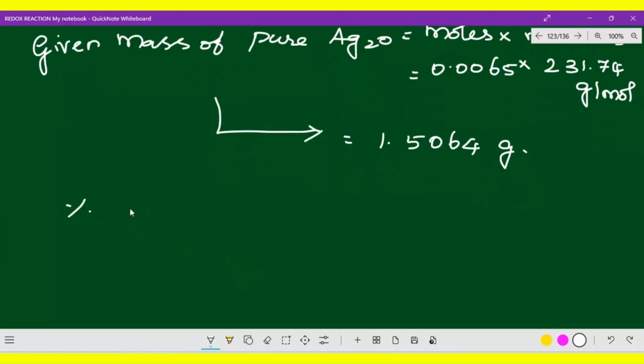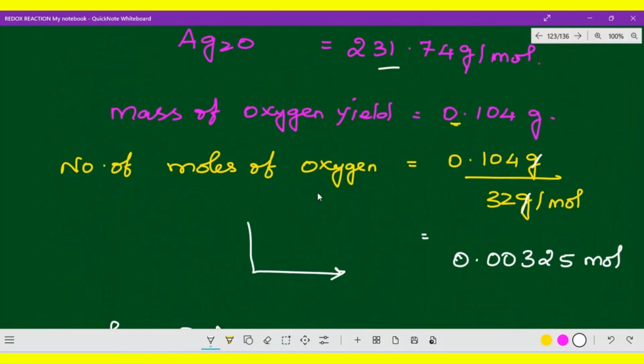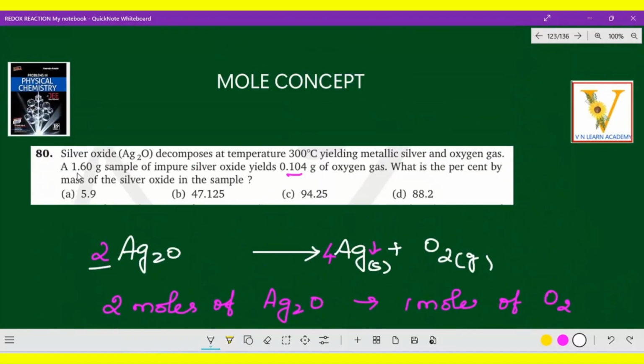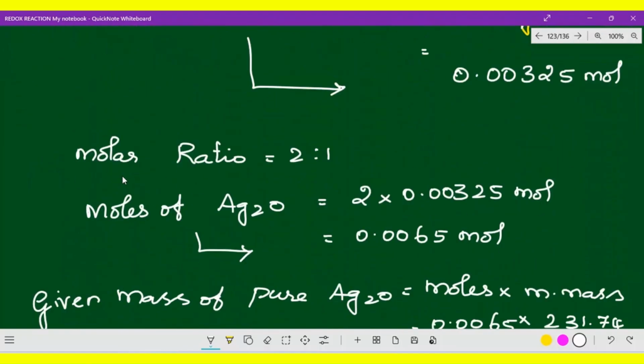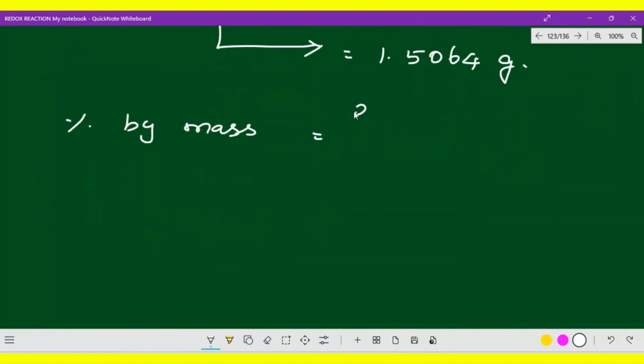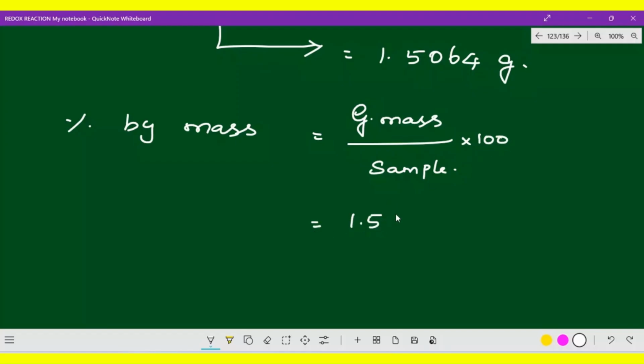So percentage by mass is given mass by total mass, and in the question they have given the 1.6 gram sample mixture. So given mass by sample mixture into 100. That is 1.5064 divided by sample 1.6 into 100, everything in gram only.